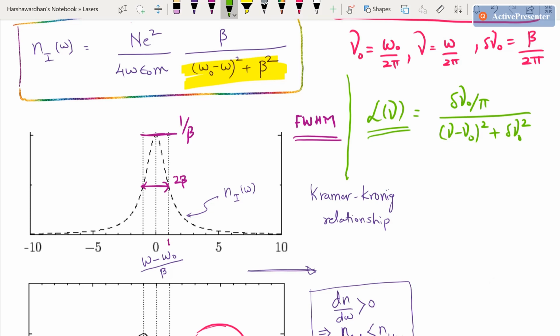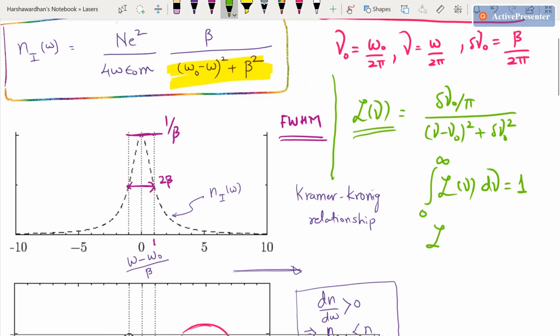The interesting thing is that if I integrate L of nu d nu from 0 to infinity, I would essentially get 1. It's normalized.